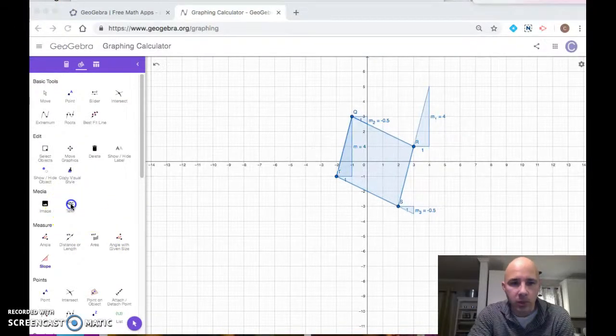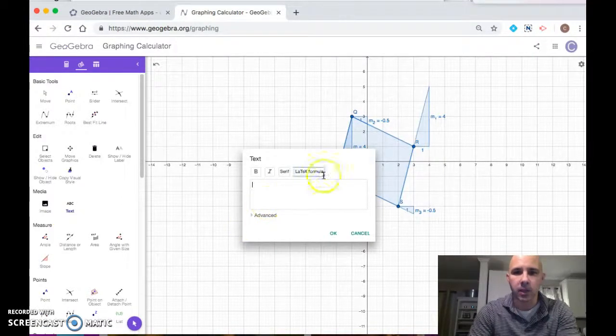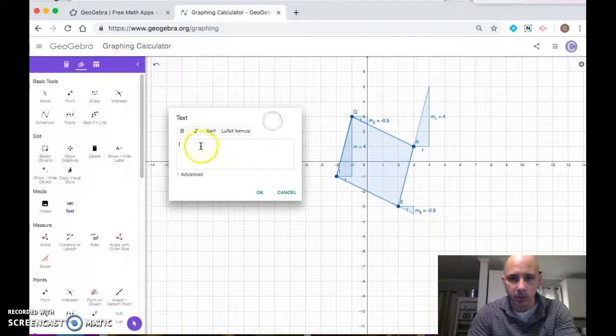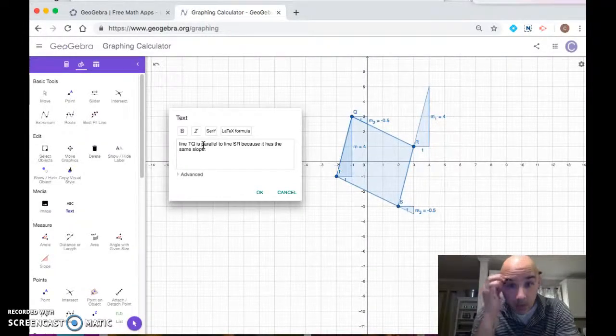Okay, one last thing I wanted to mention with this problem was the text box here. So with my text, I can say, make this just a little bit bigger so I can see what I'm writing. I can say line TQ is parallel to line SR, it has the same slope. And I can say the same thing for the other one.